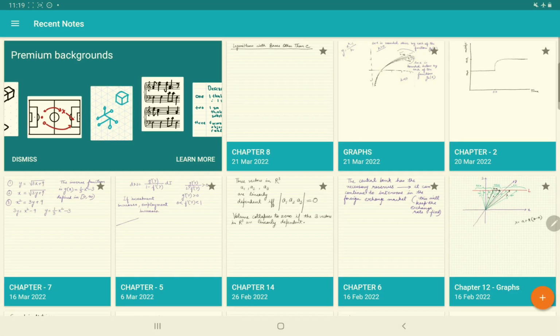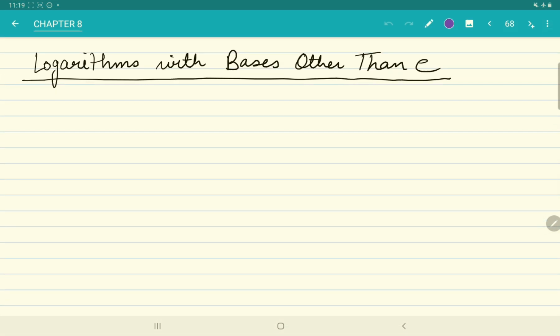I now take up logarithms with base other than e. Before that, let us recall ln x. We were till now concerned about the natural logarithmic function, and there the base was e. ln x is nothing but the exponent or the power to which we have to raise e in order to get x.